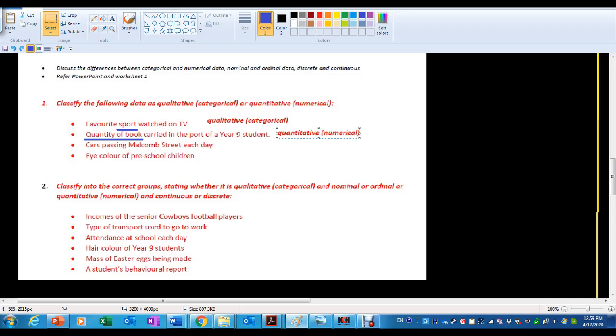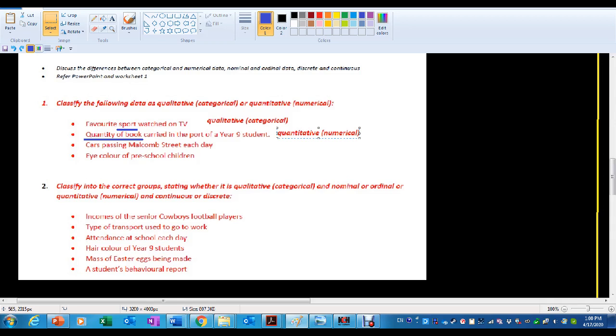Next one, cars passing Welcome Street each day. This question is a bit tricky because you might think it's the number of cars, but if that's the number of cars, the question should say number of cars passing Welcome Street each day. The question just means cars, so there are different things you could treat as data.